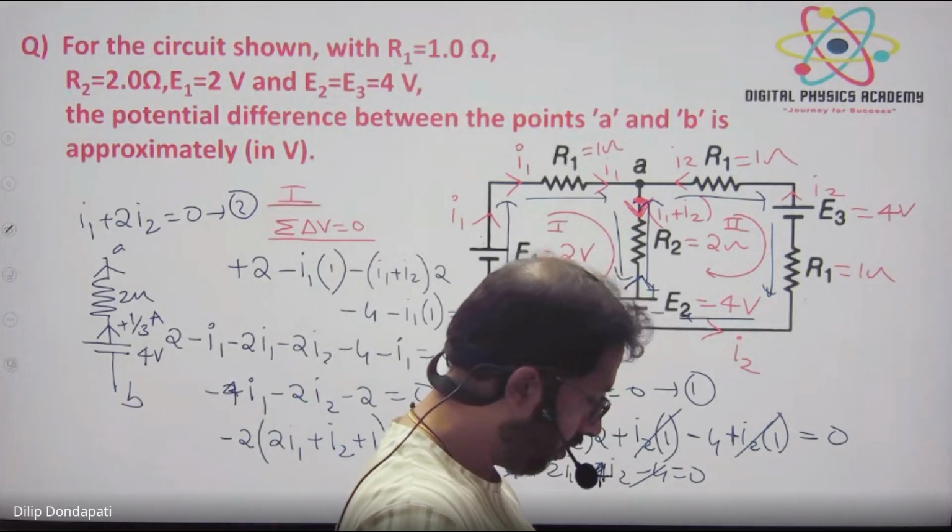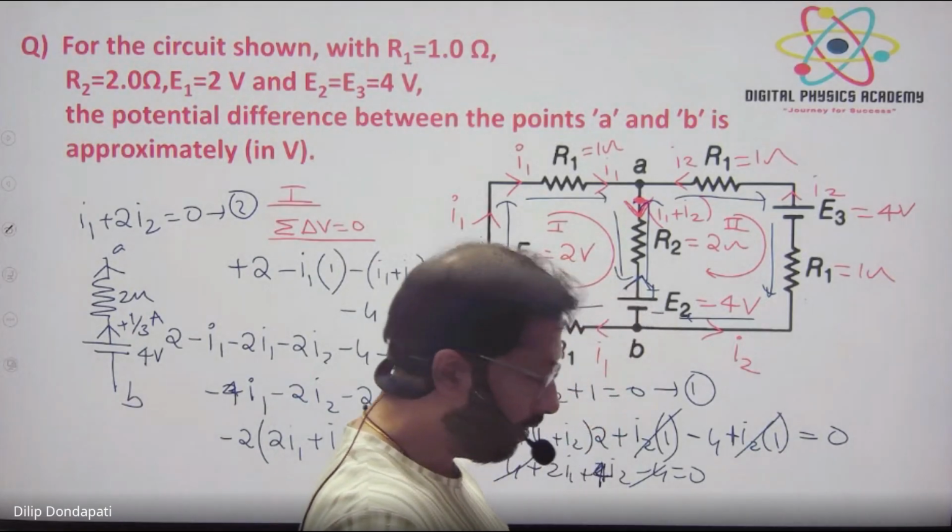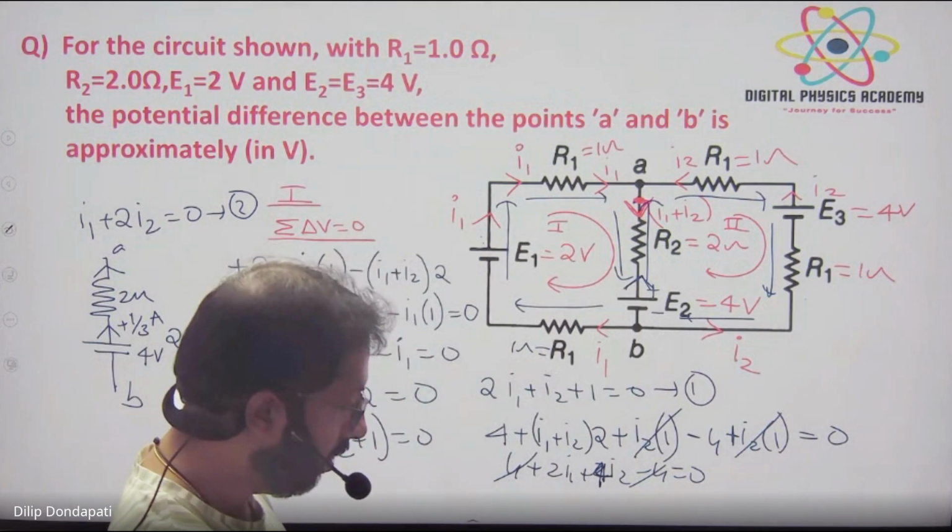Fifteen by 3. How much? 15 by 3, yeah? No. Sign conventions देखो. हाँ. 10 by 3 is, yeah.